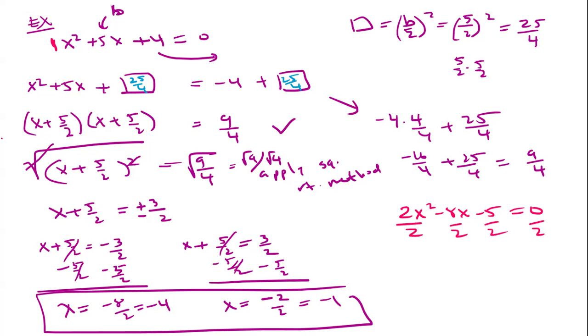That's exactly what you need to do. Okay? So that becomes x squared minus 4x minus 5 over 2 equals 0. And then now you can go through that same process.